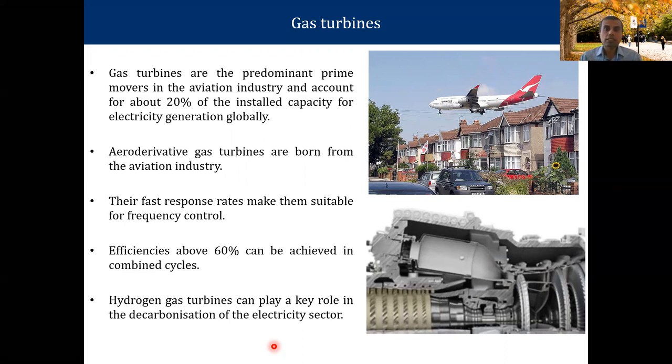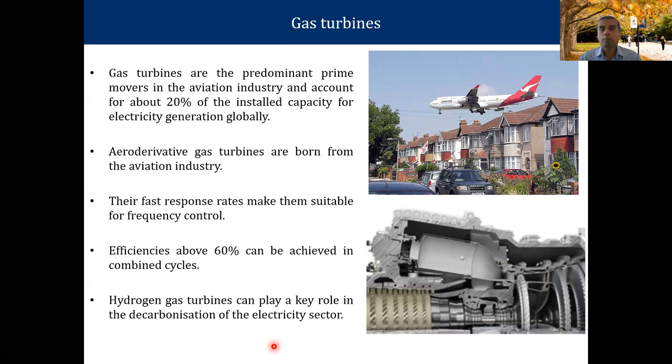The reason is that jet engines are quite advanced technologies, and a lot of gas turbine companies do further development of jet engines and make them suitable for electricity generation. Once they spend a lot of money to make them, by having some modification, they can turn them into other classes of gas turbine.